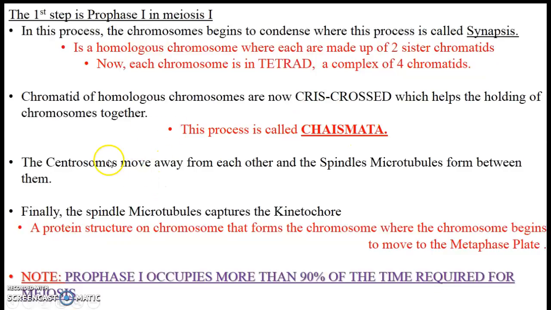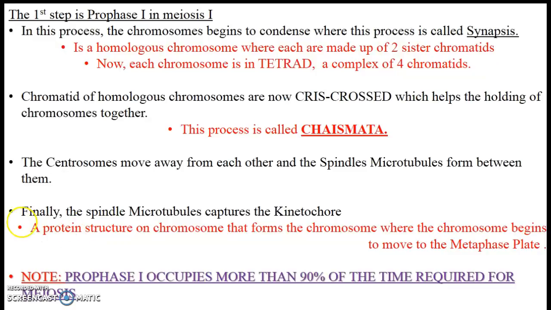The centrosomes move away from each other, and spindle microtubules form between them. As we talked about in mitosis, the centrosomes move away from each other and spindle microtubules form between them. It's just the same here in meiosis.